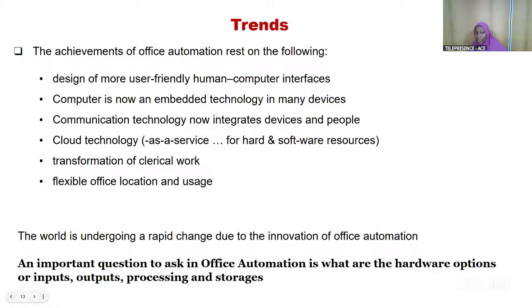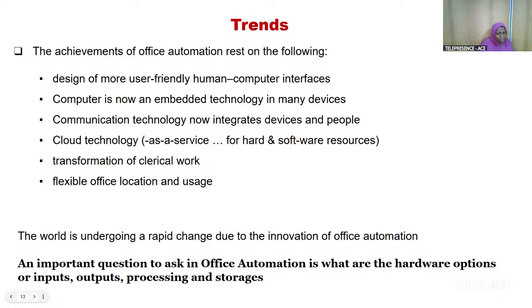For us to actually achieve this office automation we're talking about, there are some factors that mark the success of this switch. The switch does not easily come by if the technology is not there. The very first concept is the design of more user-friendly human-computer interfaces.